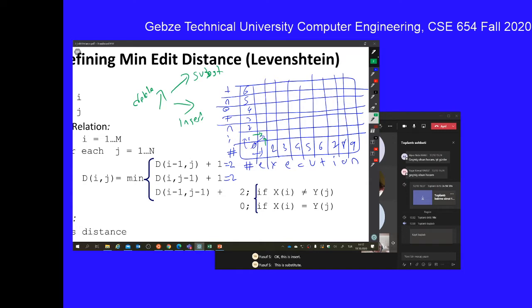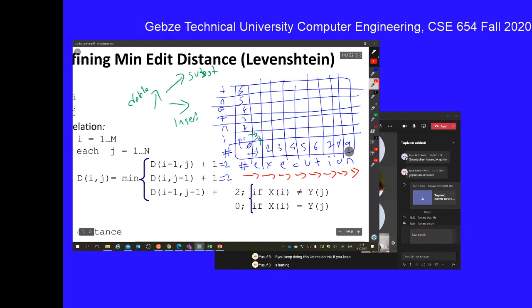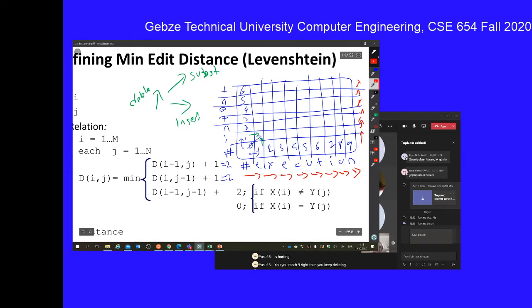Using these three operations, if you keep doing this, let me do this. If you keep inserting, you reach 9, right? Then you keep deleting. You deleted all the intelligent words, then you find some kind of a distance between these two words.